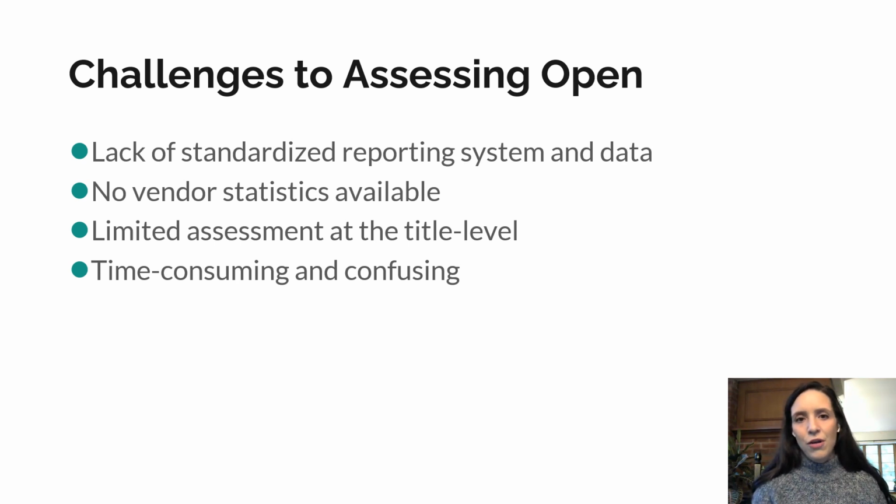Can't do that with OA resources, and in most cases there's no vendor statistics available, or there's no infrastructure to track each institution's IP or things like that. So we're not really able to get that standard usage data that we're used to relying on for collection assessment.